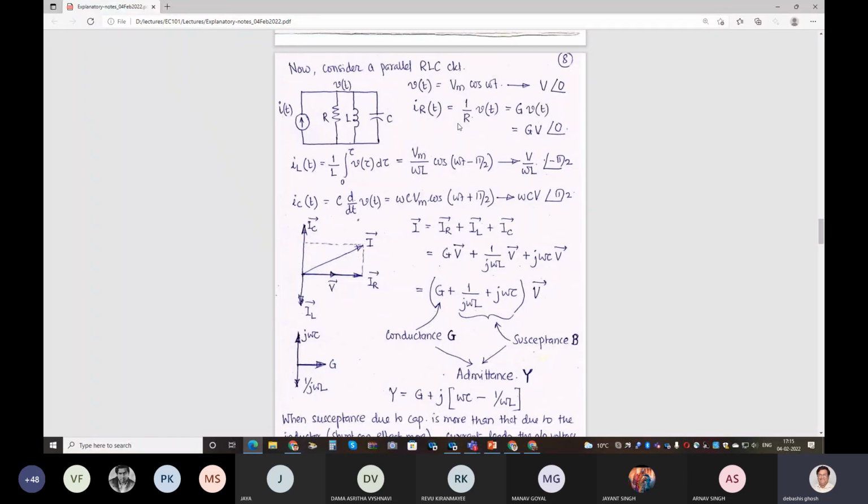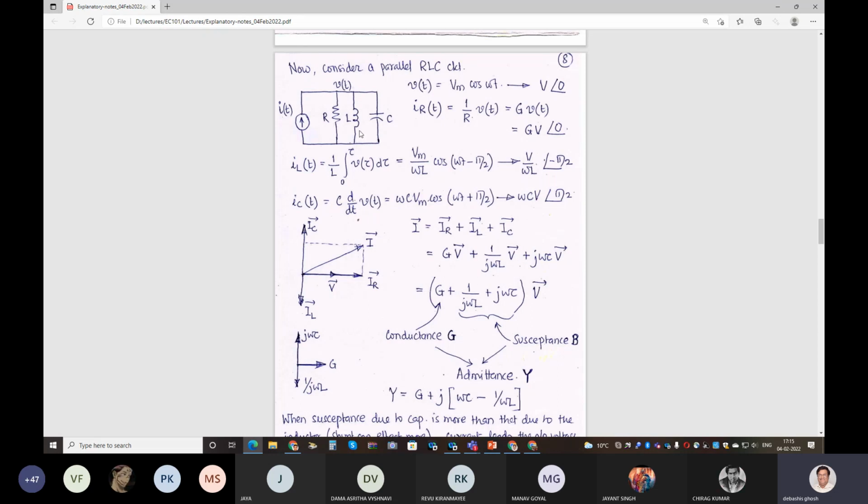The voltage was constant, whereas here I am assuming that IT is a current source, delivering a constant current. So when the constant current flows, the current gets divided into three parallel paths. The voltage VT here will depend on your admittance.